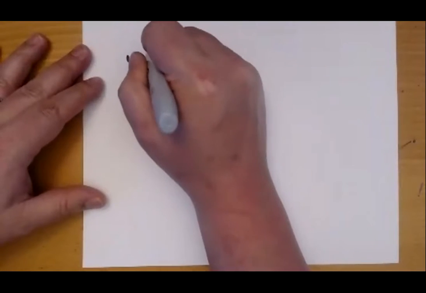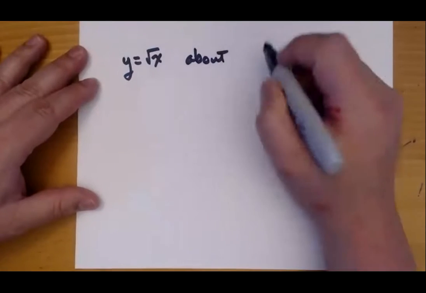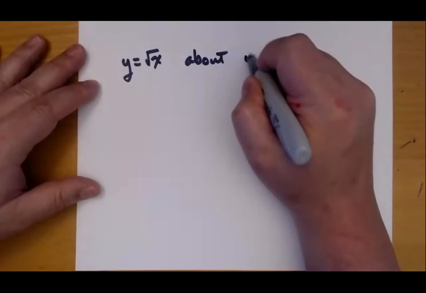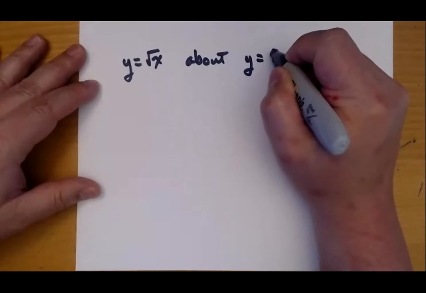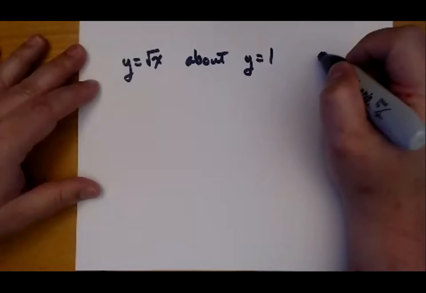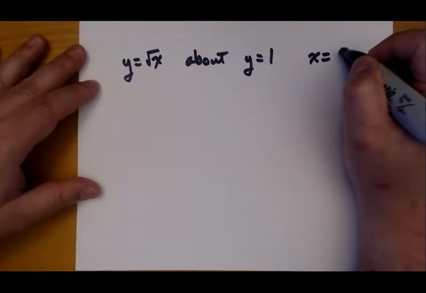Y is equal to the square root of x about y equals 1, and bounded by x equals 4.